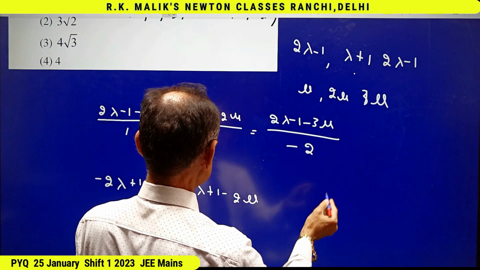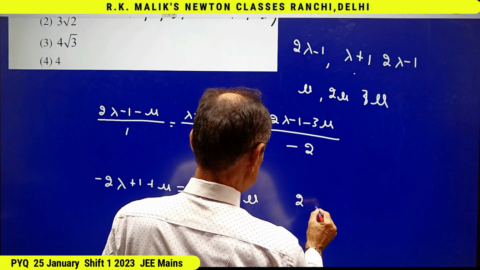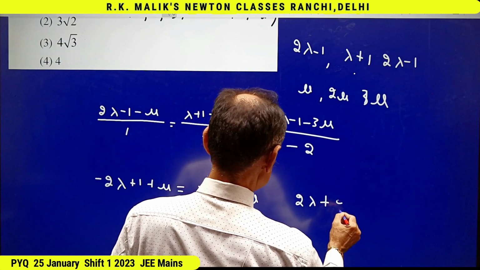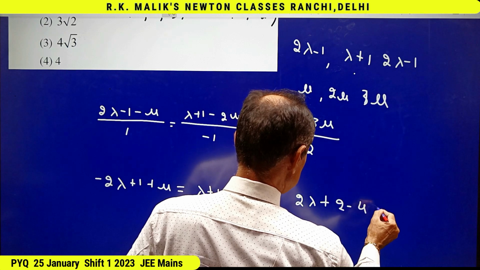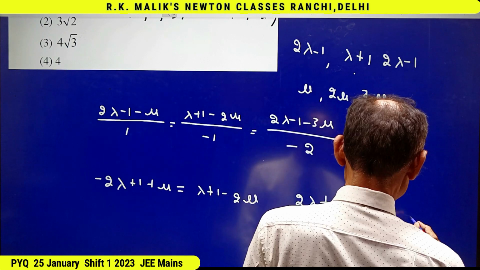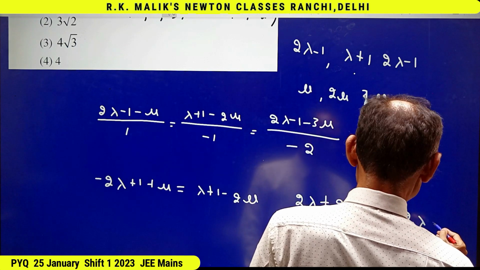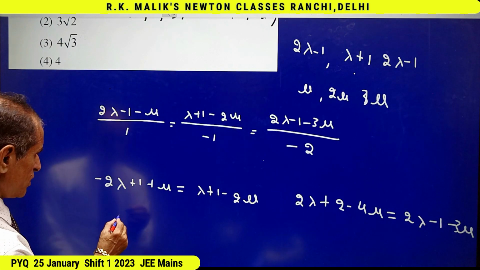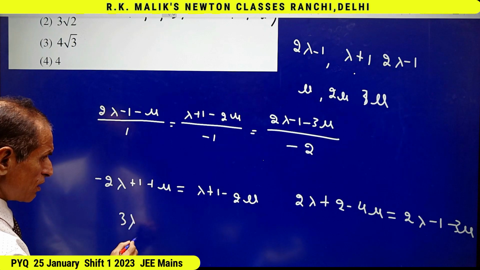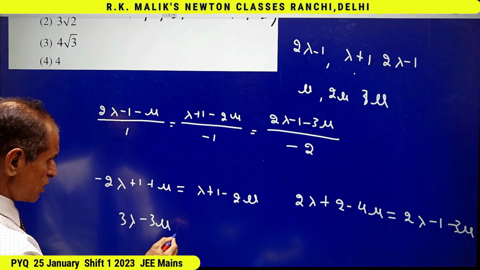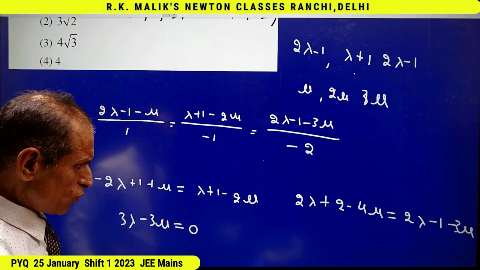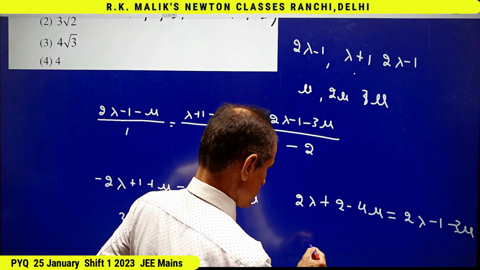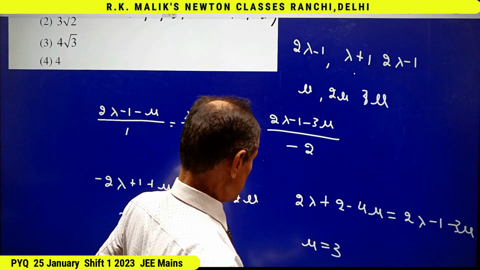And equating these two, I get 2 lambda plus 2 minus 4 mu is equal to 2 lambda minus 1 minus 3 mu. That is, I get 3 lambda minus 3 mu equal to 0, and this means mu equals 3.